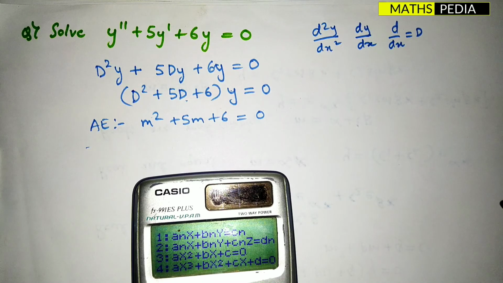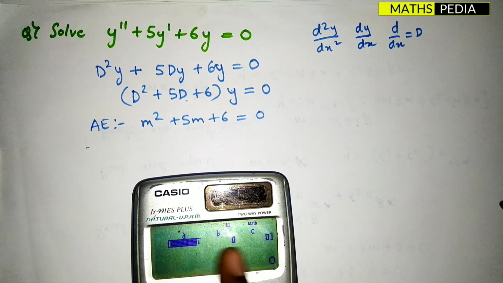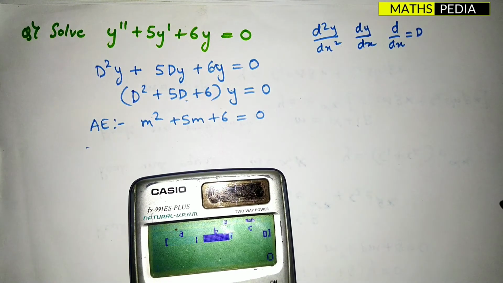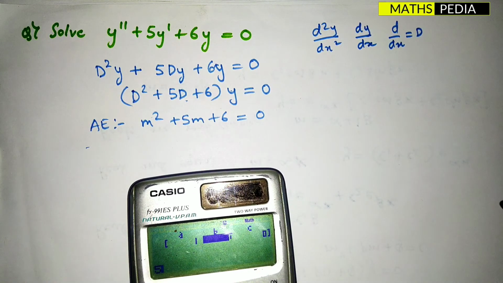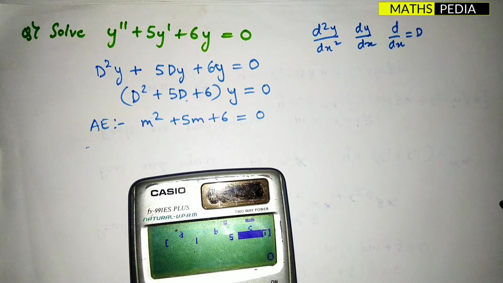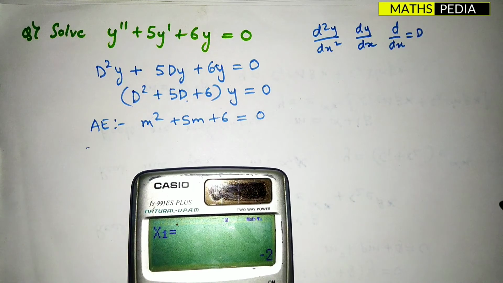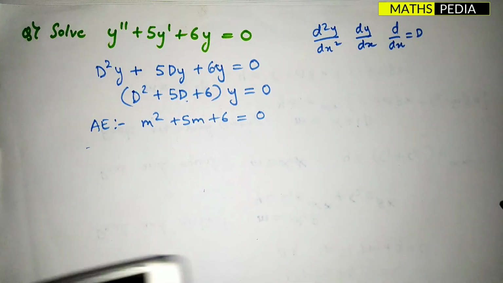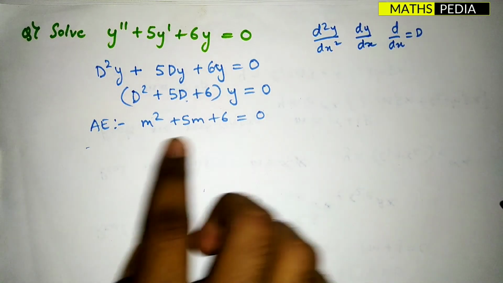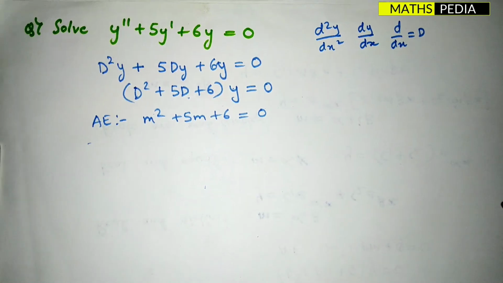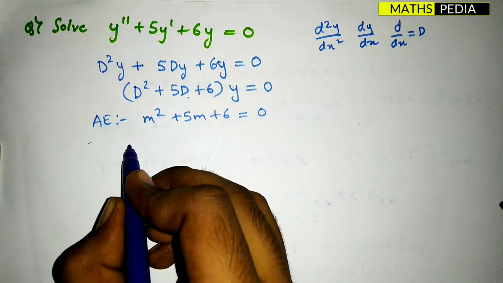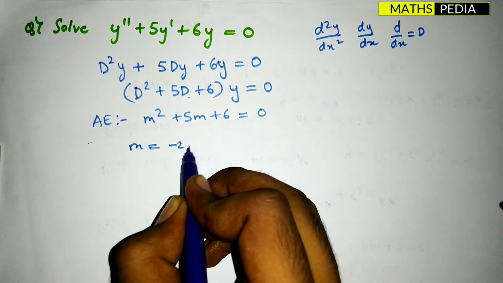Feed the coefficients of each: m square coefficient is 1, 5m coefficient is 5, and the constant is 6. You get minus 2 and minus 3, or you can directly go by splitting the middle term, factorization of the given equation. So I got the roots as m equal to minus 2 and minus 3.